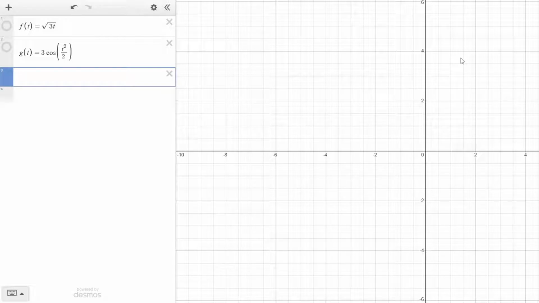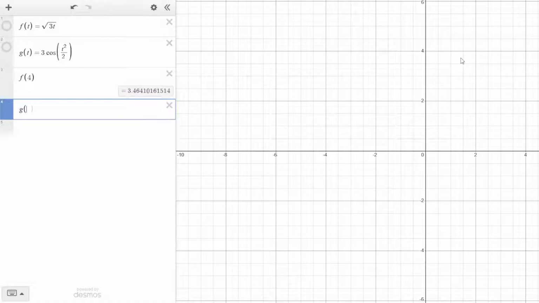So I'm just going to start. Okay, velocity vector is going to be dx/dt at t equals 4 and dy/dt at t equals 4. So f(4) and g(4).